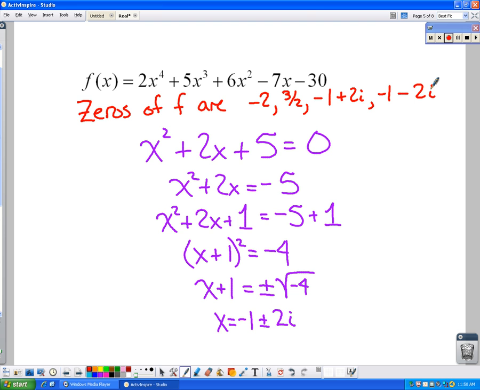And that's it. All of the problems of this variety will require that you identify the potential zeros, investigate to find the actual real zeros, and then do some division to determine the value of any of the imaginary zeros. Thank you very much. Hope you understand.